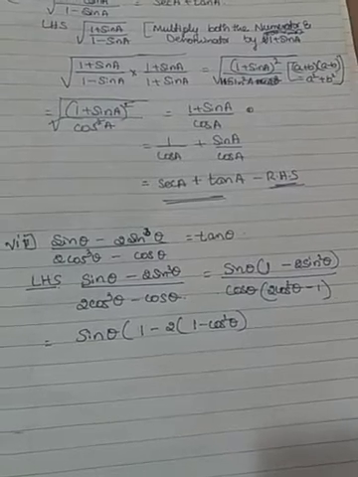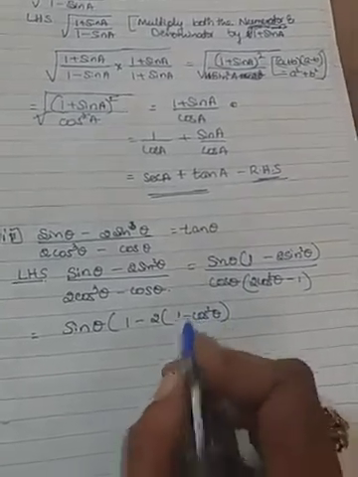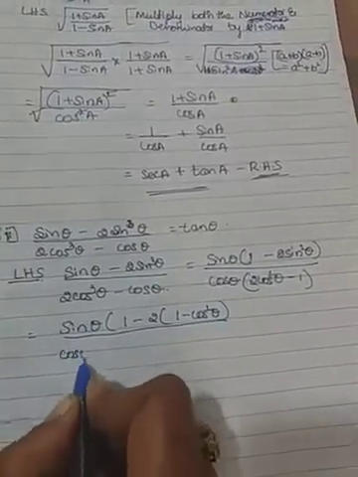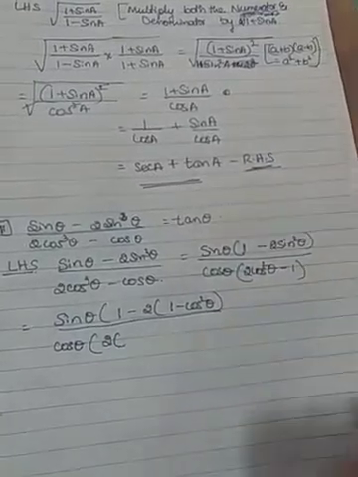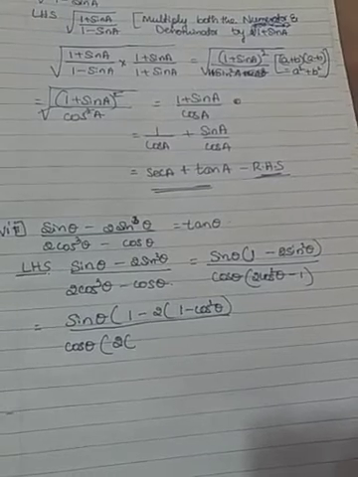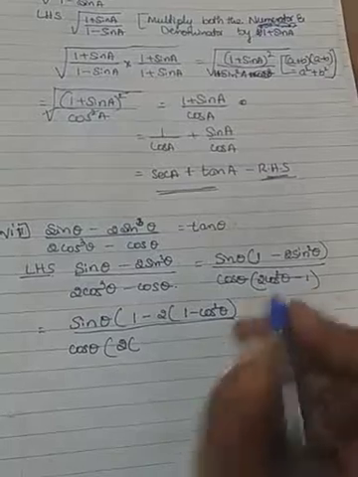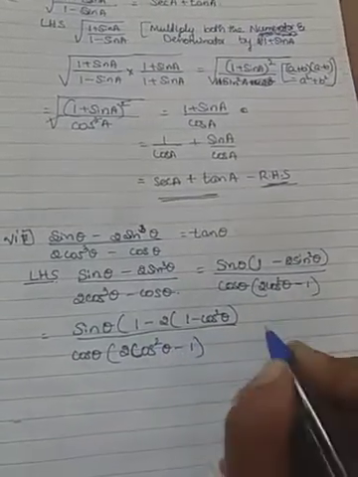So here also, the denominator, we can write the same, 2 cos square theta minus 1 only.